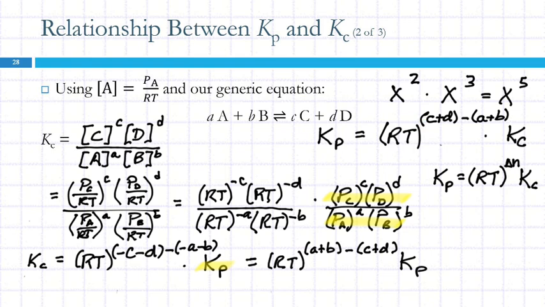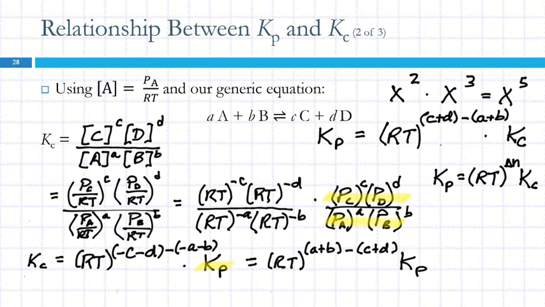Like I said, I'm not going to make you derive this. But what I did kind of in my head is I divided both sides by this, and then I didn't like that in the bottom. Because this is not equal to KP, this is equal to KC. That's a little confusing.